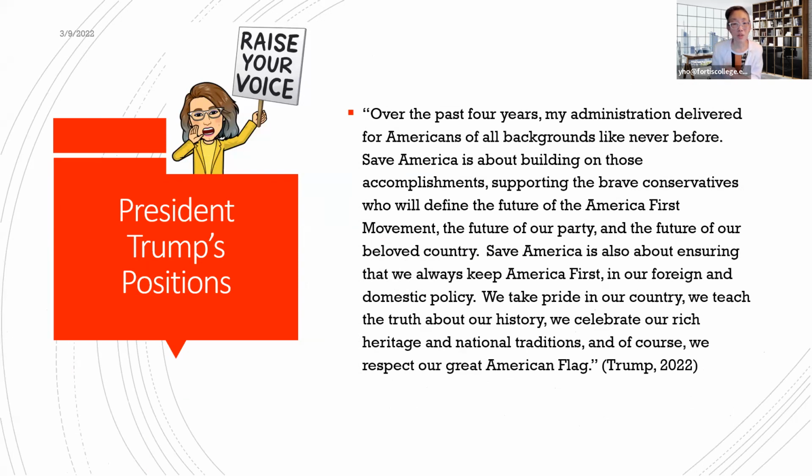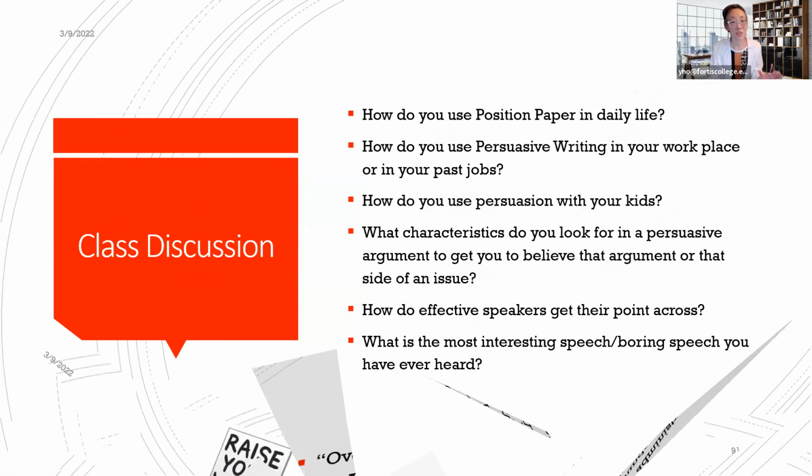Save America is also about ensuring that we keep America first in our foreign and domestic policy. We take pride in our country. We teach the truth about our history. We celebrate our rich heritage and national traditions. And of course, we respect our great American flag. And then here you have another in-text citation where you have the author's name and date. And so here you have, each person took a position.